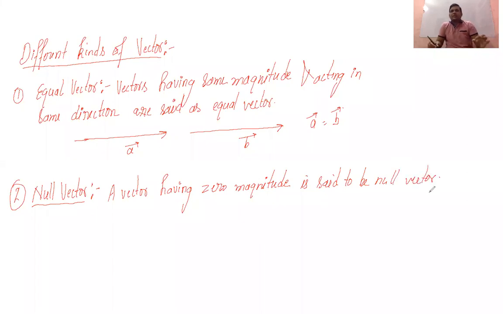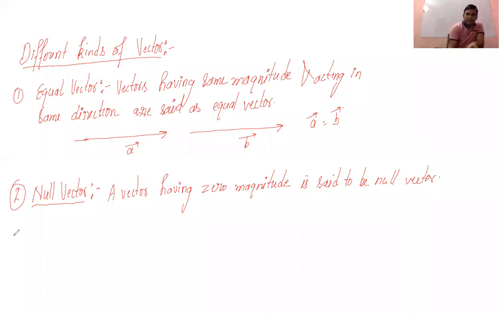Suppose a particle is at rest. Then the displacement is a null vector. Velocity is a null vector, meaning it has a zero magnitude. Acceleration is a null vector, or has zero magnitude.